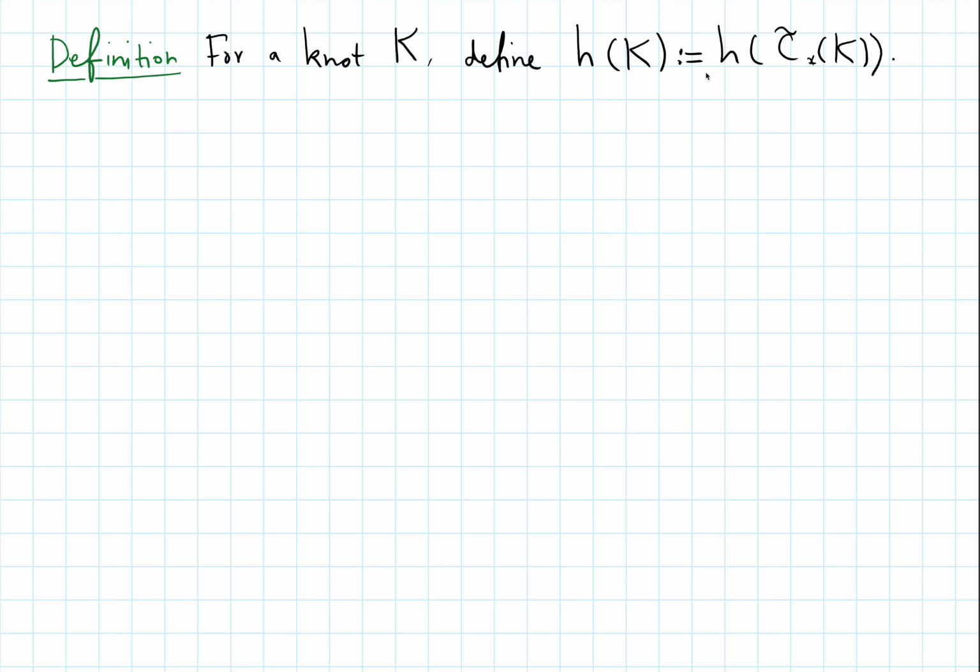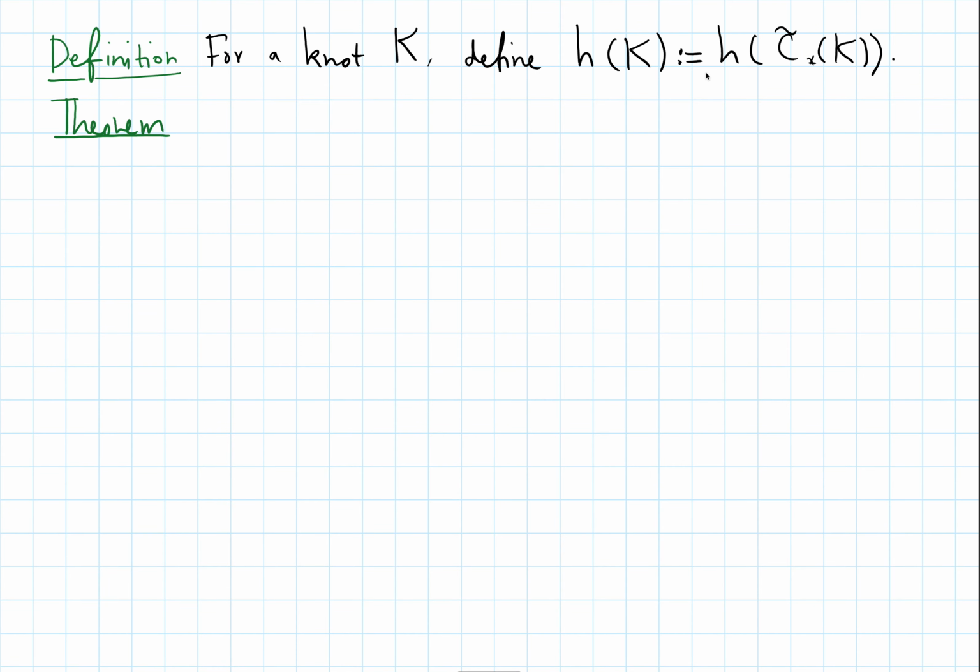So it's always an integer. From the definition and the behavior of equivariant singular instanton homology with respect to concordances, it should be clear that h is a concordance invariant.